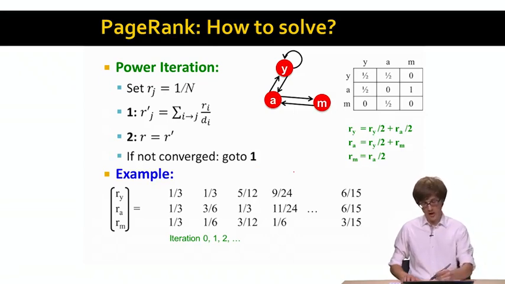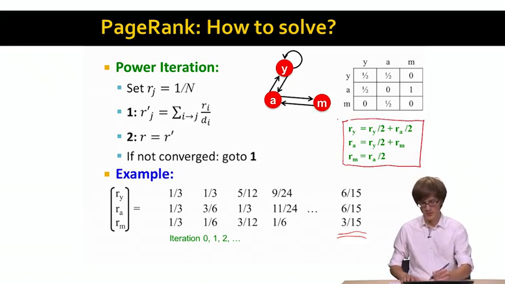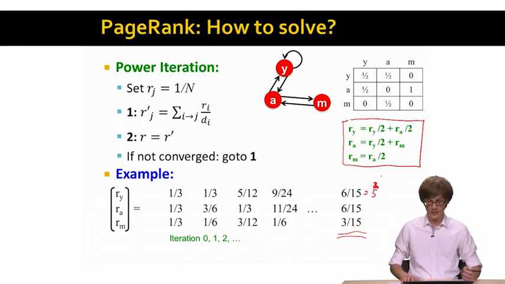And at the end, r would actually converge to a vector that I show you here, where A and M nodes would have the importance of 6/15, and Y would have the importance 3/15, which is exactly the same values as we got before when we were trying to explicitly solve our system of flow equations, right? 6/15 is the same as 2/5, and 3/15 is 1/5.